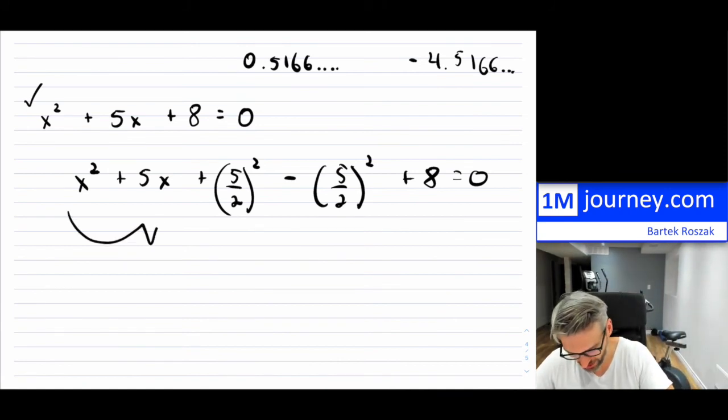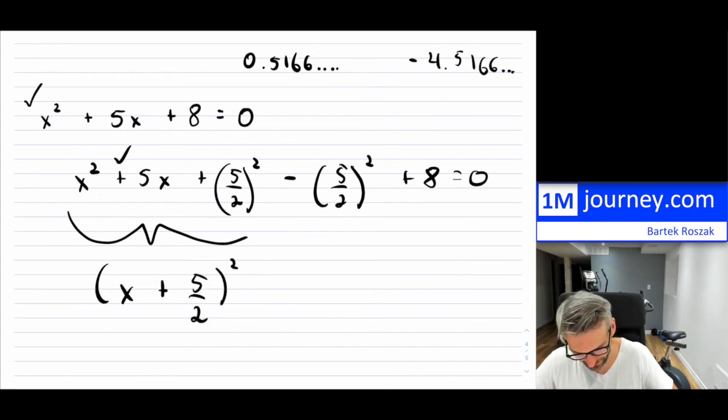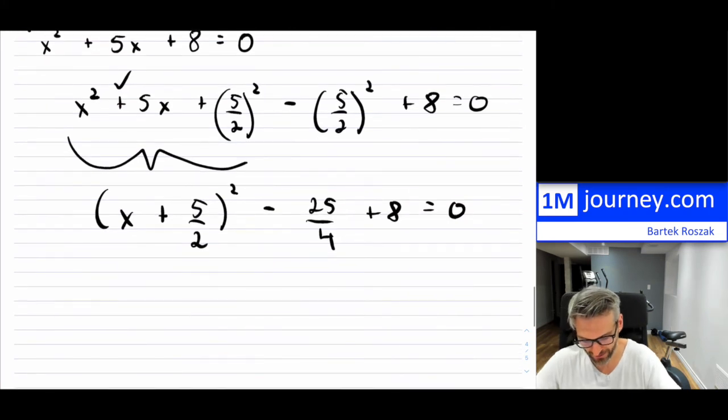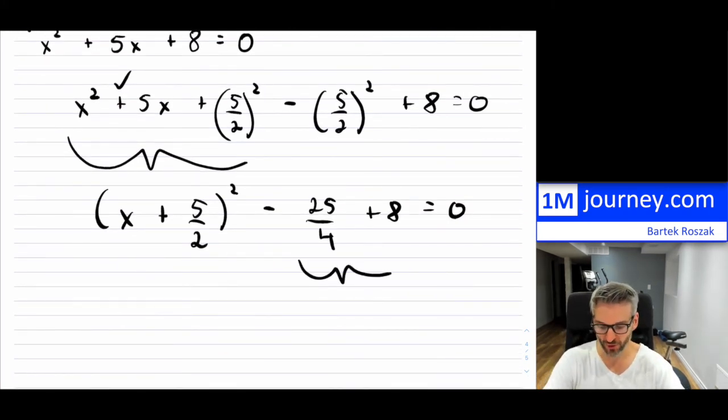This right here is a perfect square, so that perfect square is x plus 5 over 2, which is 2.5, squared, minus 25 over 4 plus 8 is equal to 0.